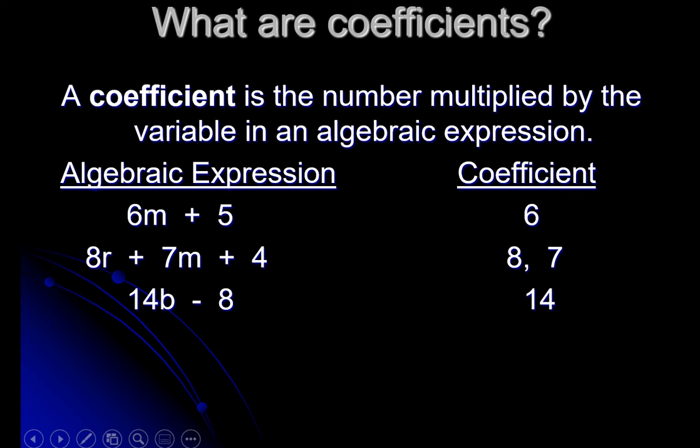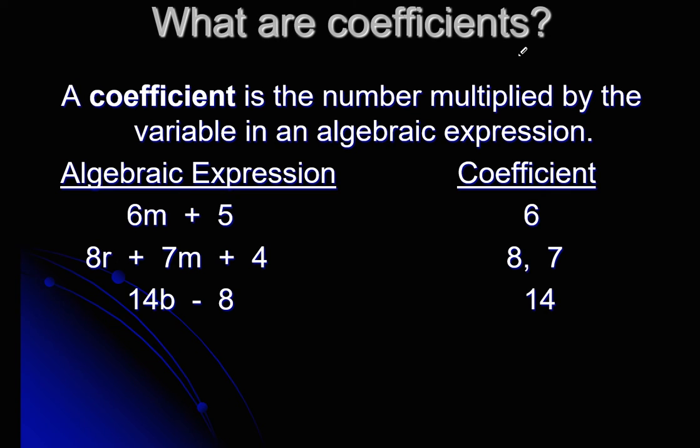So this is one algebraic expression. Now let us move to the next slide, that is coefficient. What are coefficients? A coefficient is the number multiplied by the variable in an algebraic expression. Look at the first expression. Here the variable is m, because you already know the values of 6 and 5.